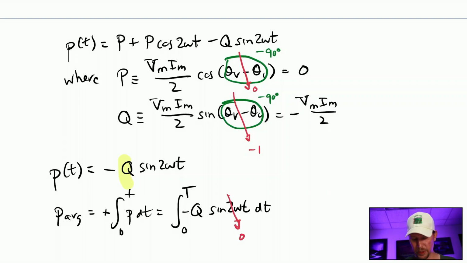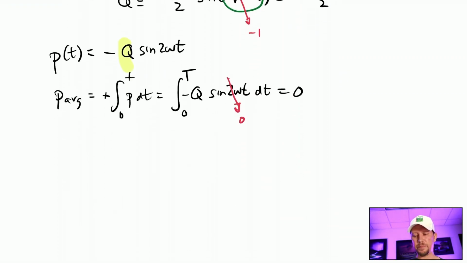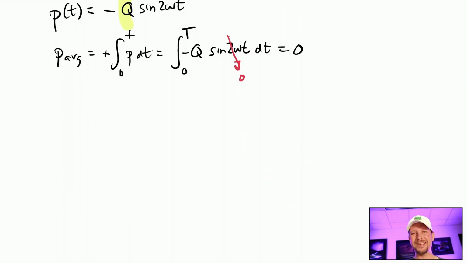Once again, showing, as we did for purely inductive loads, that capacitors can store energy and release it to the circuit later on, but they can never actually dissipate energy. They can never do real work or deliver real power, which is extremely important when it comes to these types of circuits.